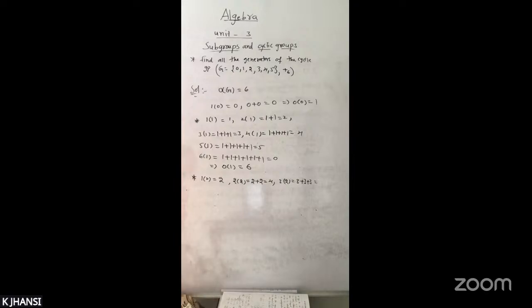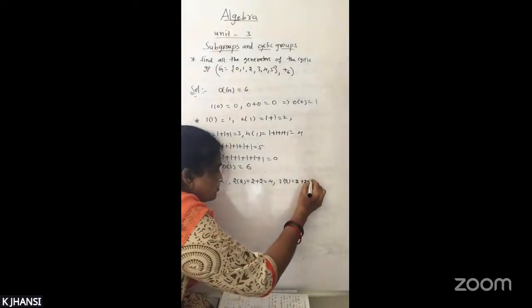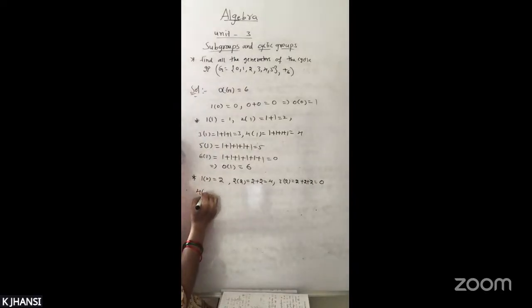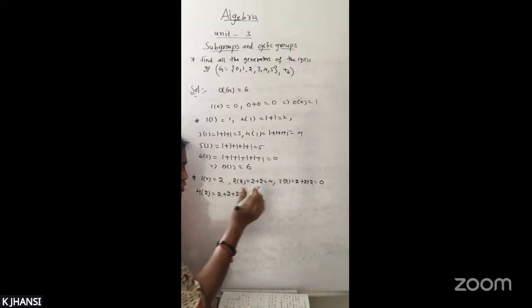Next, 4 times of 2 means 2 plus 2 plus 2 plus 2, which is 8, and 6 is 0, so you will get 2.